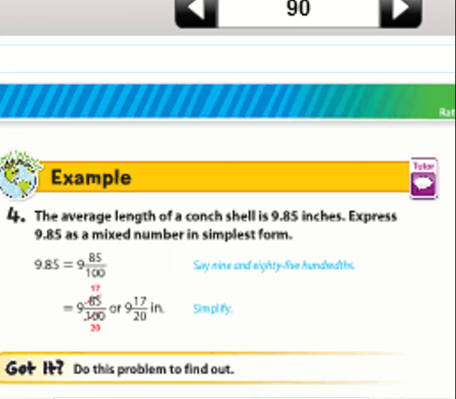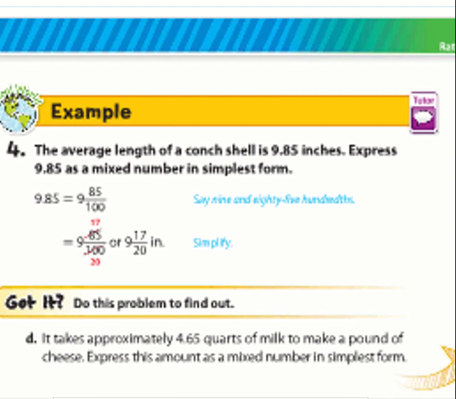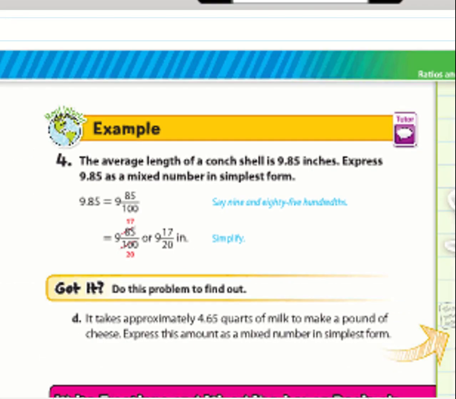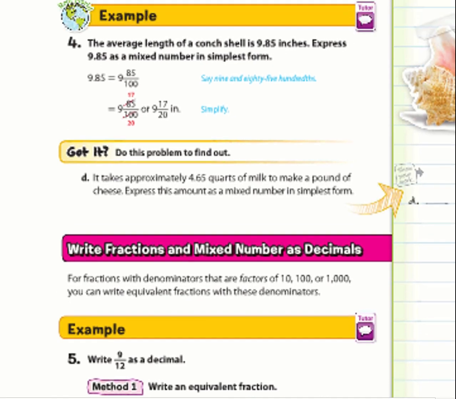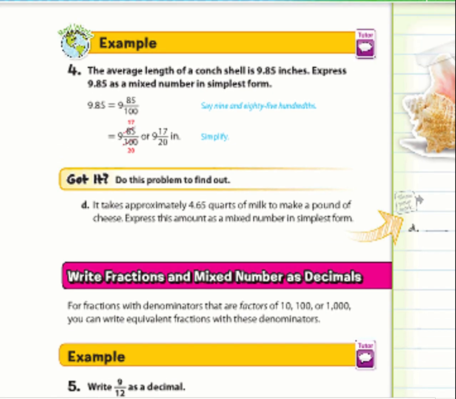So moving on to example 4, it says the average length of a conch shell is 9.85 inches. Express 9.85 as a mixed number in simplest form. So I'm just going to write some of this to the side. So the 9 is going to be my whole number. That's before the decimal. So that's going to be the whole number of my mixed number. Now I have 85 hundredths. So my 85 is going to be my numerator.